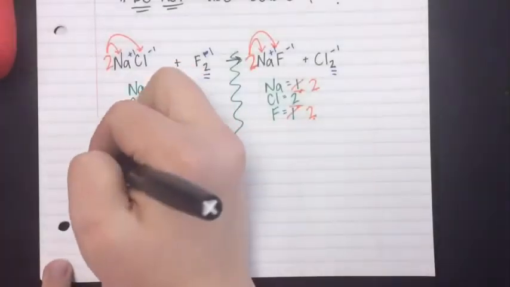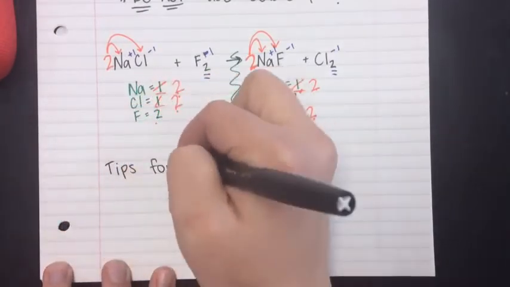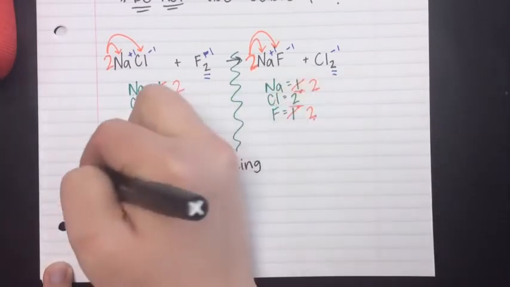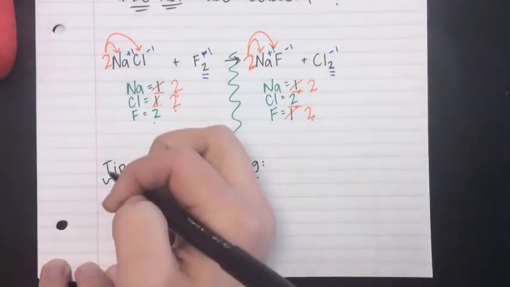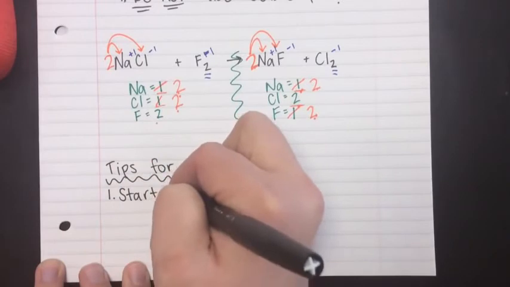The last thing to do before we practice more balancing is to take down some tips that will help us make balancing easier. Number 1, always start with carbon if it is in the reaction.